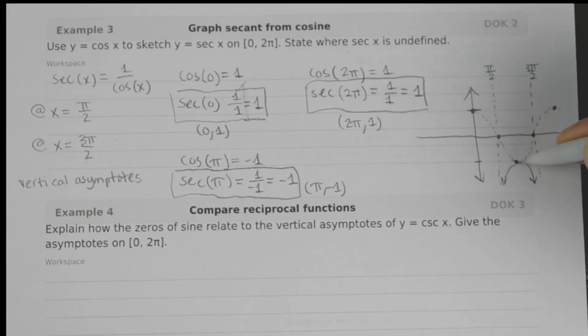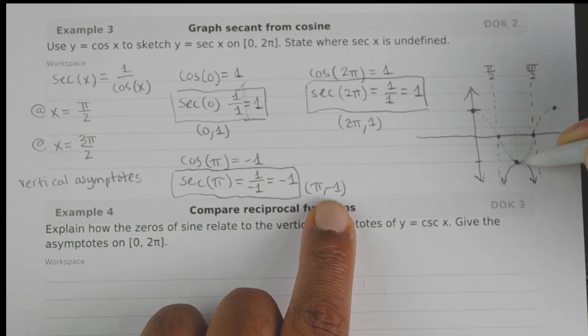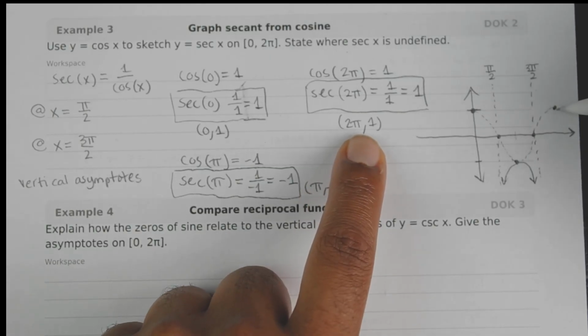That's why we ended up getting right here. This would be (pi, negative 1), showing you that this period would end here, and then (2 pi, 1) would end up right here, which is why this would end up like this.